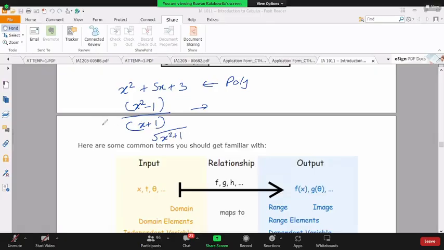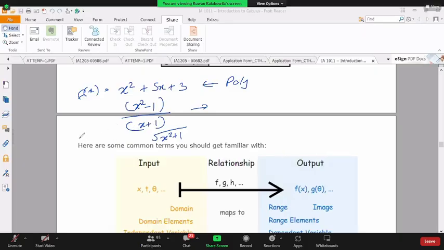For polynomials, no matter what, we know that every element in the real numbers can be put into the function. But we have to care about the other options.